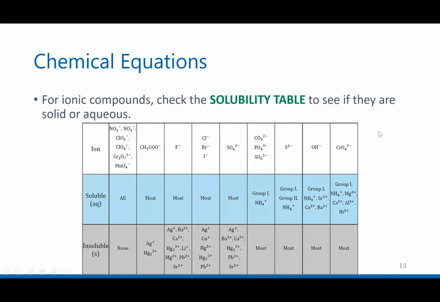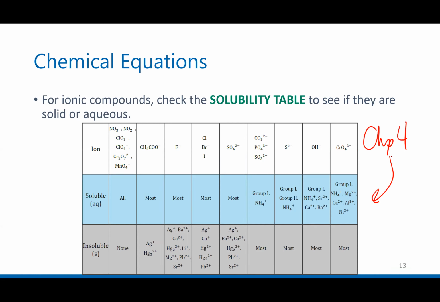Now, aqueous solutions are ionic compounds dissolved in water. So how do we know if an ionic compound, like sodium chloride or something like that, is aqueous, or would it be a solid? Well, we use the solubility table.